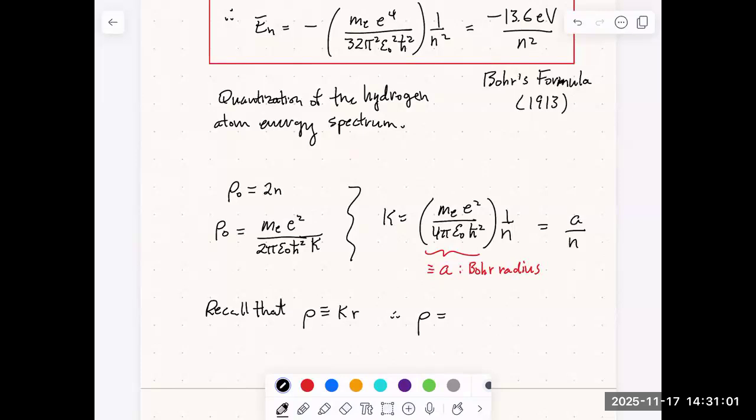Sorry, I made a mistake. Let me fix it. These things in the brackets are the inverse of the Bohr radius. And so kappa is 1 over A times n. And so that means rho is r divided by A times n. Okay, good.